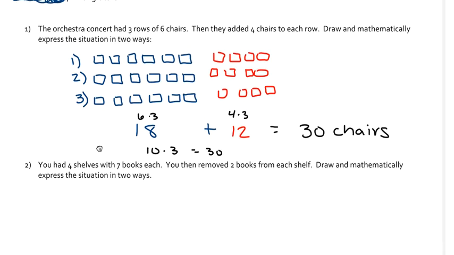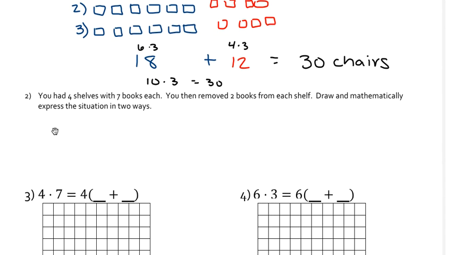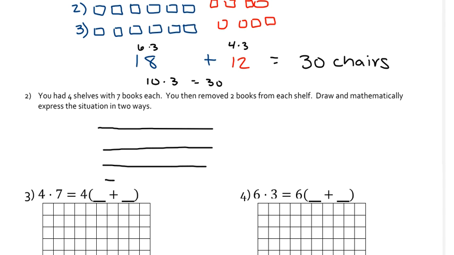Okay, so number 2 says you had 4 shelves with 7 books each. Okay, so the 4 shelves. Shelf 1, 2, 3, and 4. Okay, and they have 7 books each.